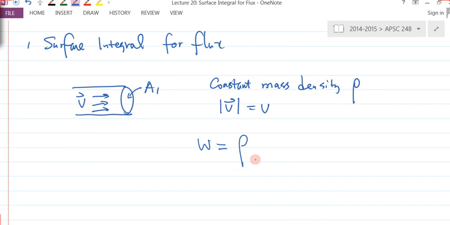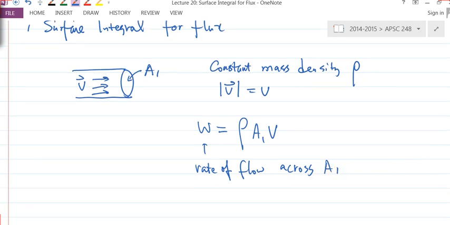The density times A1 times V. So W here is this rate of flow across A1. That makes sense?